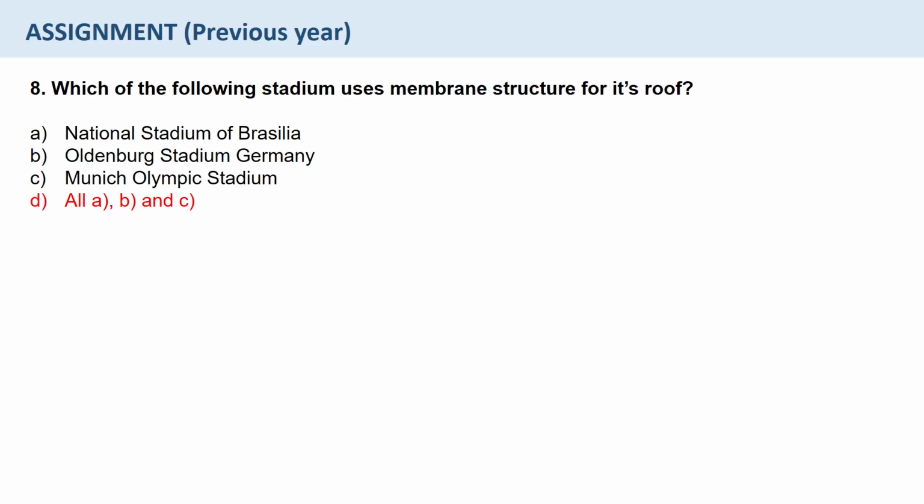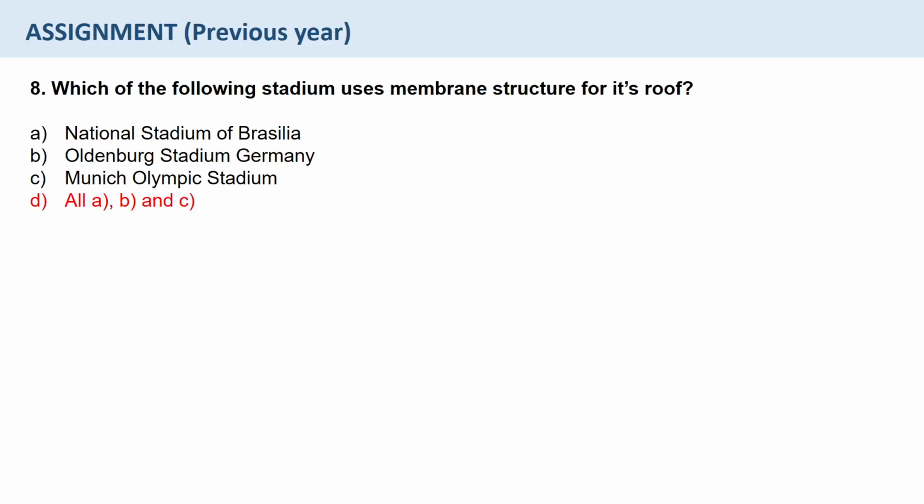Question number 9. US Pavilion Expo 70 is an example of coffer slab structure, air supported pneumatic structure, inflatable pneumatic structure, folded plate structure. So this is what the US Pavilion for Expo 70 in Osaka, Japan looks like. It features a roof covering 100,000 square feet with a clear span of 262 by 460 feet.